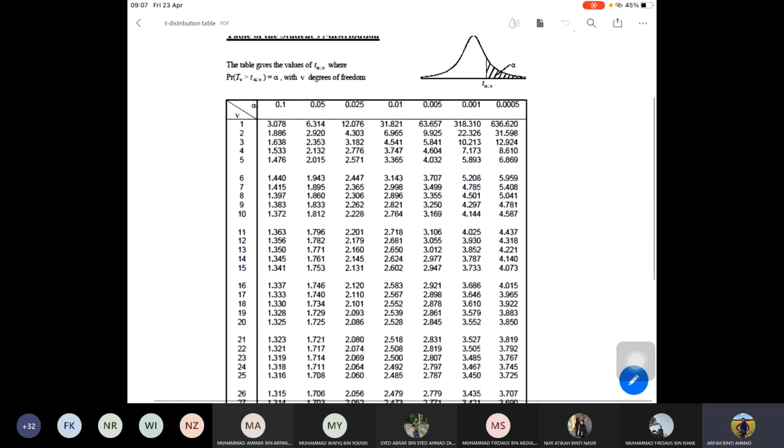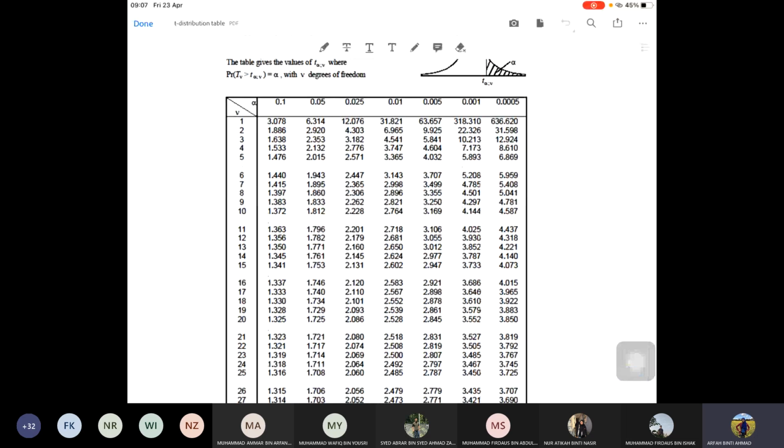Tadi kita nak dapatkan T 0.01527, tapi tak ada kan T 0.015. So yang paling hampir adalah 0.01.